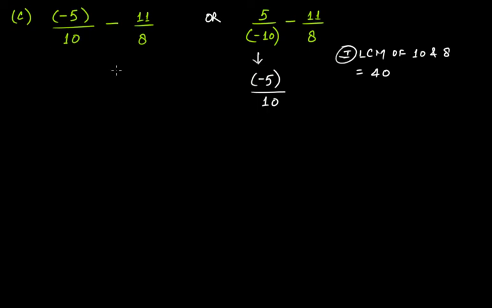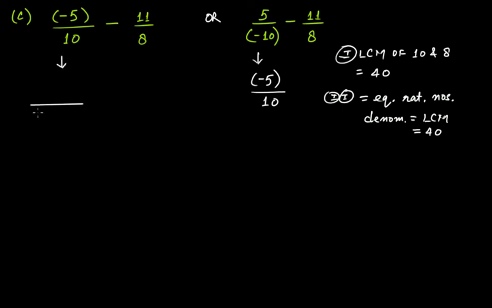So the second step will be to find the equivalent rational numbers such that the denominator becomes equal to the LCM, and that is 40. So find the equivalent rational number of this one.